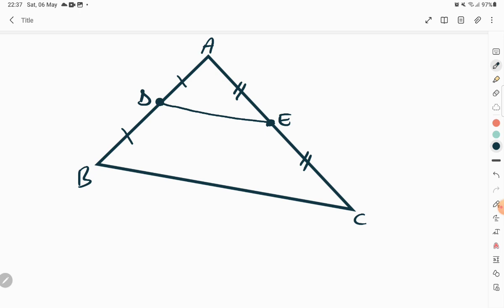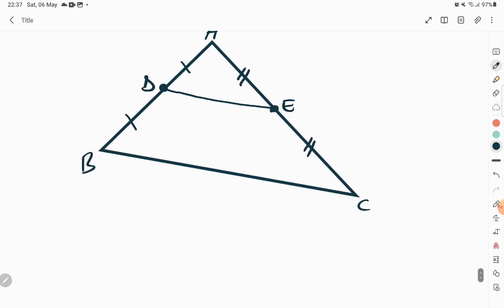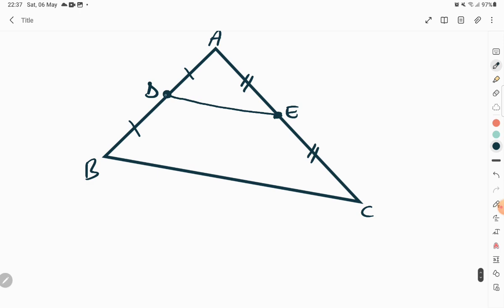This is the midpoint theorem. What does it say? It says if a line is drawn from the midpoint of two sides of a triangle, which means this side AB and this side AC, then that line has to be parallel to the third side. So this line is automatically going to be parallel to the third side because it is drawn from the midpoint of two sides of a triangle.